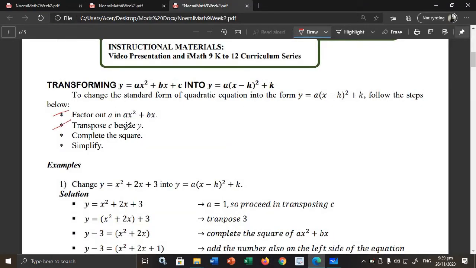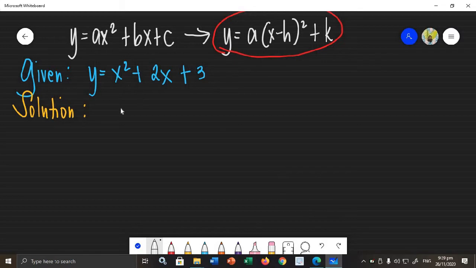The second step is to transpose c, or the constant term, beside y. So let us apply that step. We need to transpose positive 3 beside y. So it will become negative, because we will transpose it.